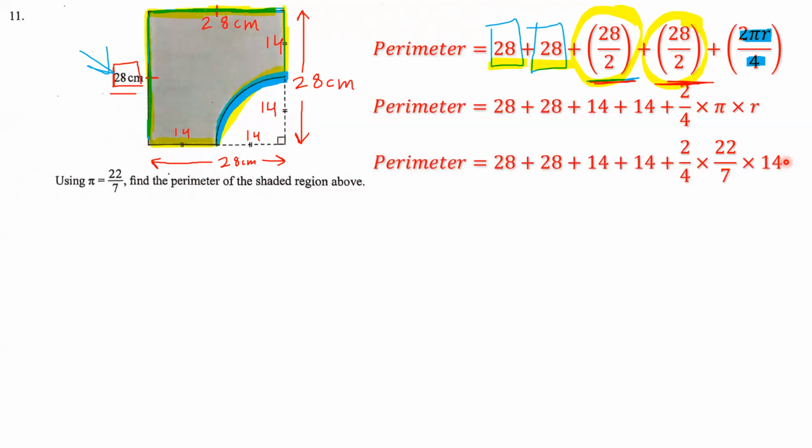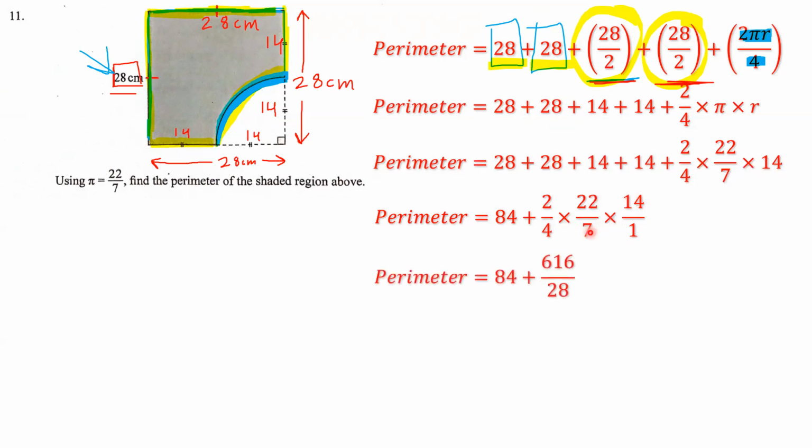And so now we just have to do computations. First we're going to add 28 plus 28 plus 14 plus 14. That's going to be 84. Now we just have to multiply 2 times 22 times 14, which is 616. And then 4 times 7 times 1 is 28.